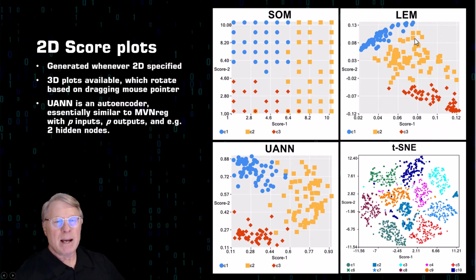Laplacian eigenmaps seems to do a good job on the 3-class wine data set. This is also the 3-class wine data set as well. And unsupervised neural networks does a pretty good job. This is called an autoencoder.